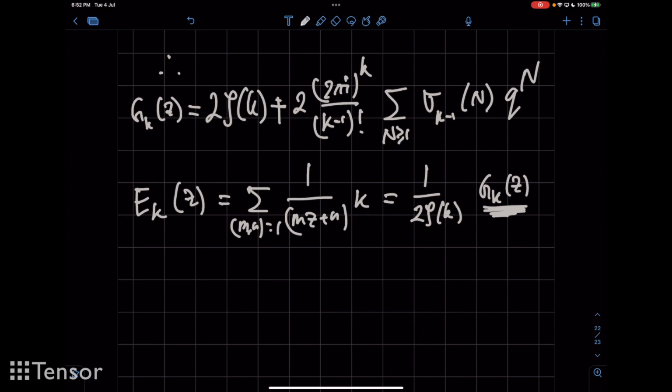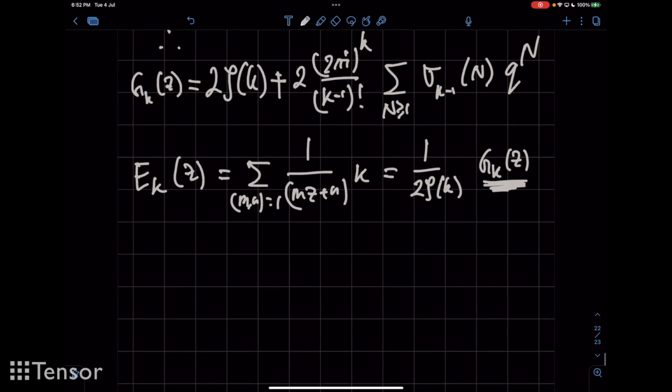If we take all the terms with GCD 2, then we can take a 2 to the power k term in front, right? Then we have the normalized Eisenstein series.